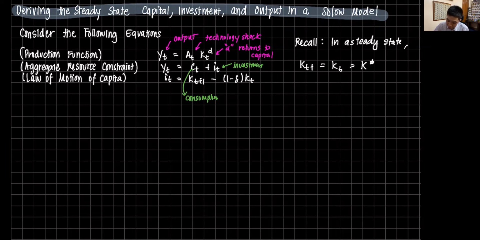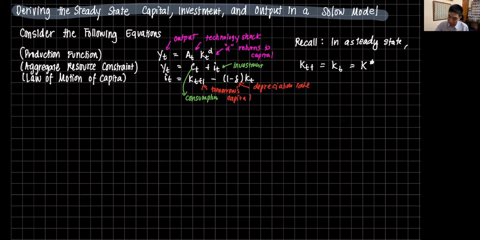Our last equation is our law of motion of capital. You have tomorrow's capital, which you determine today, K_t, which is today's capital, some fixed value, and delta here, which is the depreciation rate.